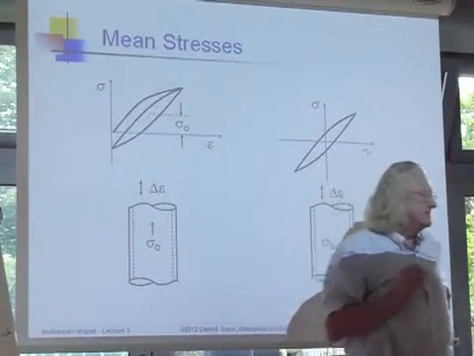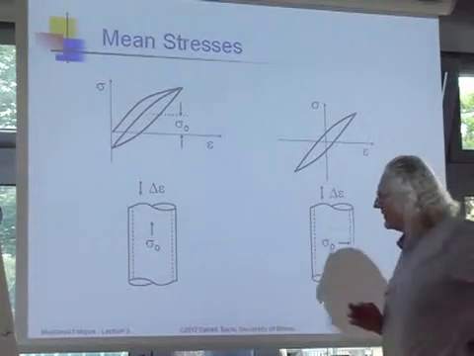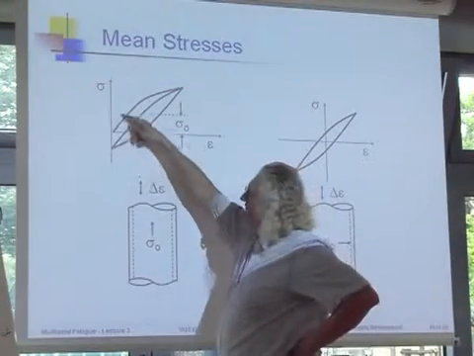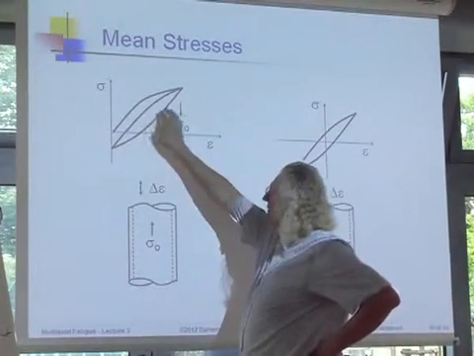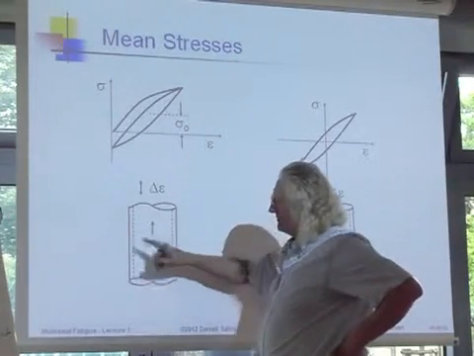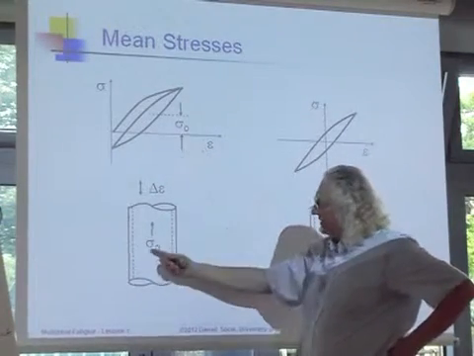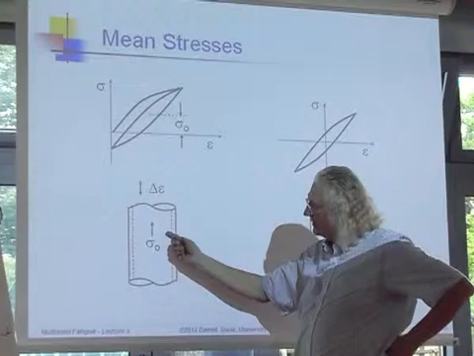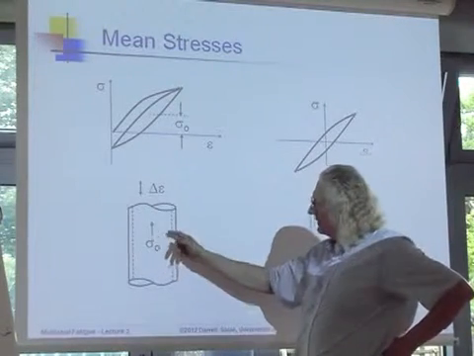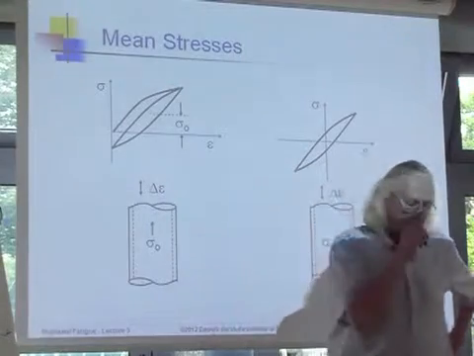And we, of course, know what the lifetime will be. We know, compared to just cycling this with zero mean stress, that the addition of this tension mean stress will be detrimental. And we know that cracks will nucleate on shear planes here, and they'll grow on shear planes, and ultimately they'll turn into principal stress. We know that's what will happen.